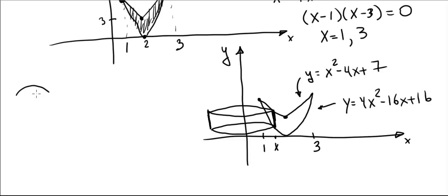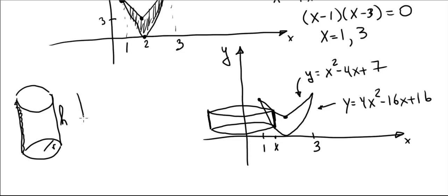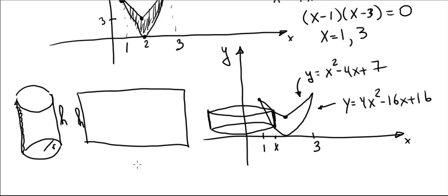So recall, when we have a cylindrical shell, that is the shell, not the top and the bottom, with radius r and height h, to find its surface area, we cut along the height and unfold it. And when we do that, we end up with a rectangle. The width of the rectangle is the height of the cylindrical shell, and then the length is what used to be the circumference, and that's 2 pi r.